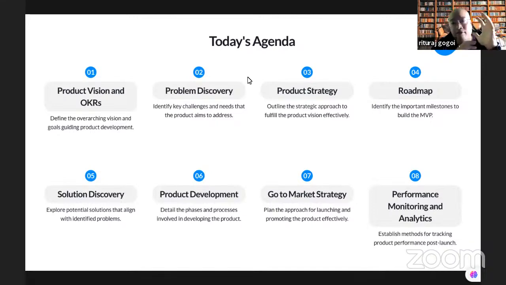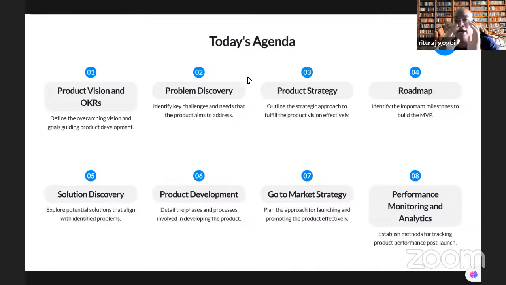Okay, once we have the vision and the objectives in place, we will then move on to what we call problem discovery, and this is one of the key areas wherein we'll be focusing a lot as product managers, because this is an area where product managers actually have the highest contribution. So after we come out of problem discovery, we want to have enough insights and enough strategic problems that we will identify to inspire our product strategy.